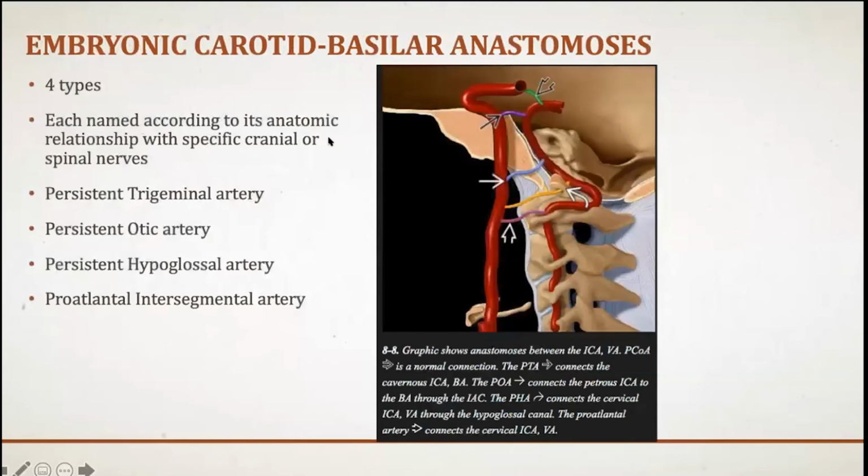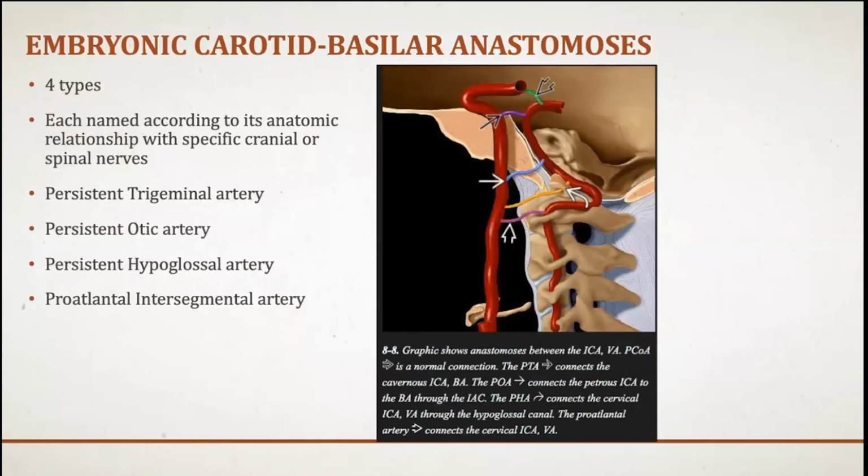So there are many anastomoses between the anterior circulation, the posterior circulation, and the external carotid circulation. But there are also many embryonic carotid basilar anastomoses. So as the fetus is developing, there are many anastomoses that regress over time between the anterior and posterior circulation.